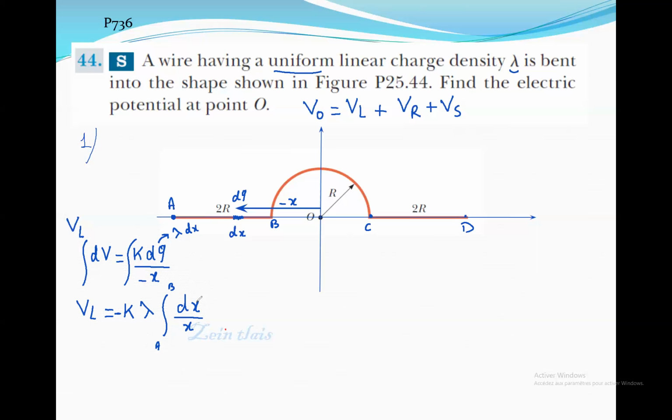And you have here only one variable, x. x must be from the position of A to B. A is located at 2R plus R, so we have minus 3R, to the point B, which is located at a distance equals to minus R. So we can say the limit of the integral will be between minus 3R to minus R. Okay, it's clear now.